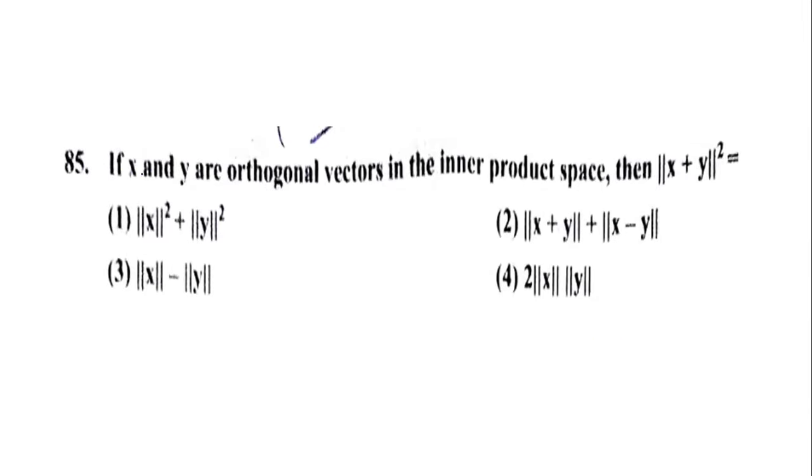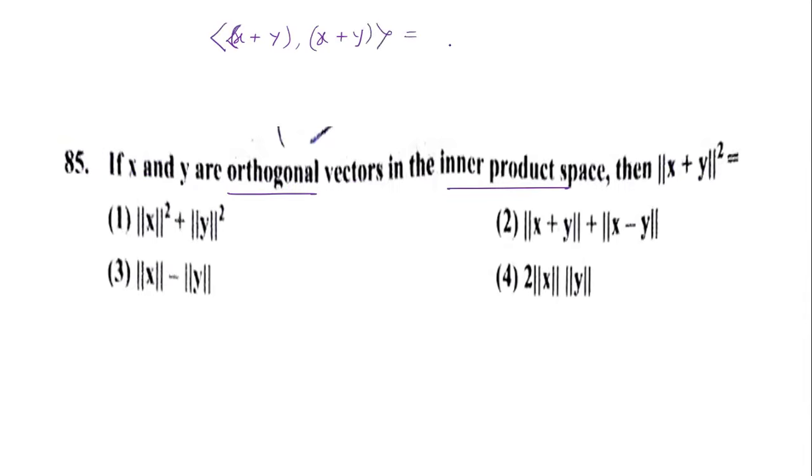85th question. If x and y are orthogonal vectors in an inner product space, then norm of x plus y square is equal to, norm of x plus y is the inner product of x plus y with x plus y.